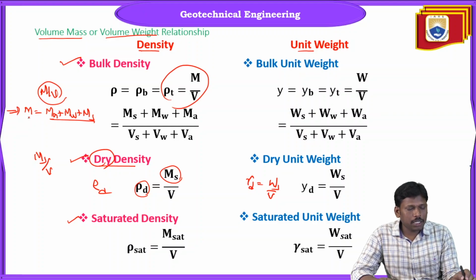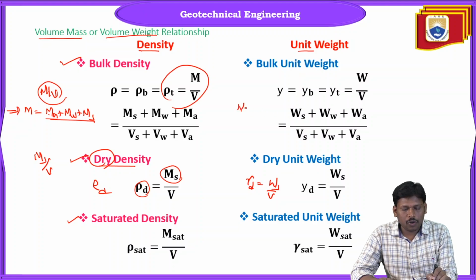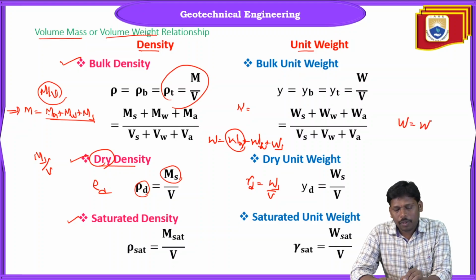As we considered masses, in the case of mass all three components of air, water and soil are included. Here the total weight is equal to the weight of air plus the weight of water plus the weight of soil. When the weight of air becomes 0, W is equal to the weight of water plus the weight of soil only.